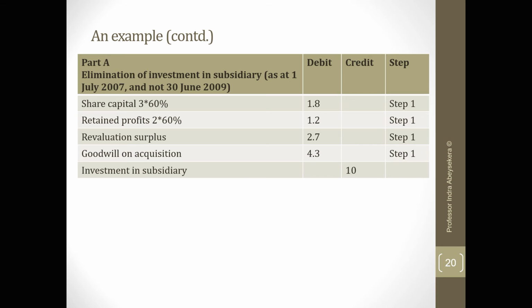So for Part A, we have the elimination entry here, and before we do the elimination entry, we have to determine how much is the revaluation surplus of the subsidiary, because part of the revaluation surplus will go to non-controlling interest.